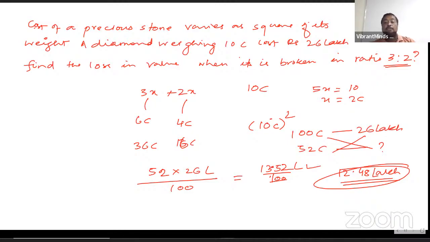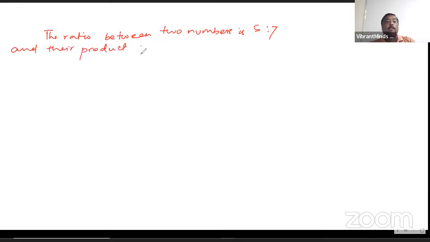Go ahead with the next question. The ratio between two numbers is 5:7, and their product is 560.